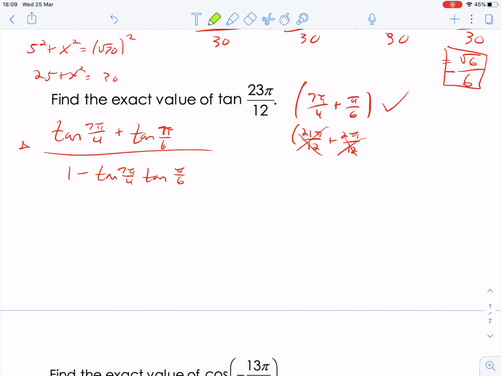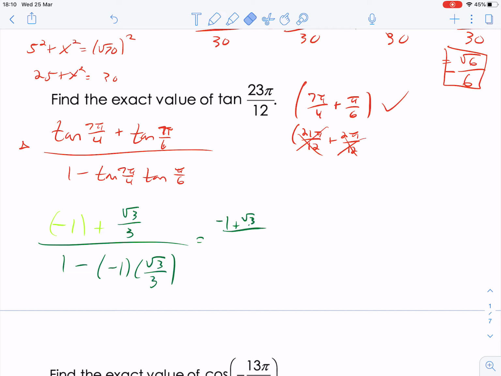So tangent of 7 pi over 4, that is just 1, but in the fourth quadrant, so -1. Plus, ooh, yeah, you can't see green. Let's go darker green. And tangent of pi over 6 is going to be square root of 3 over 3, first quadrant, so positive. So we get 1 minus 1 times square root of 3 over 3. All right, so that gives us -1 plus square root of 3 over 3.